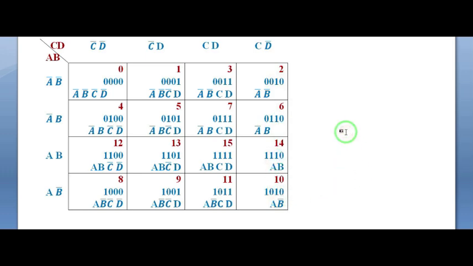Every cell of column 4 is going to have 1 0. So 1 is the value of C and 0 is the complement of the other variable D. Therefore, fill every cell of column number 4 with C D bar.